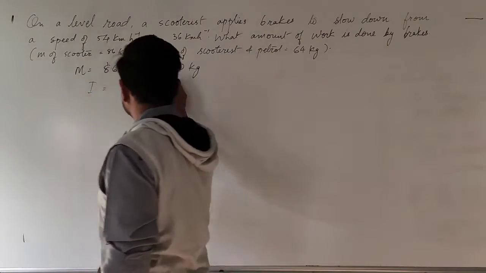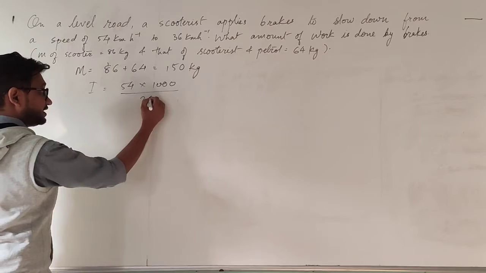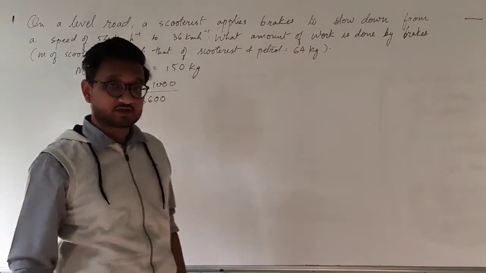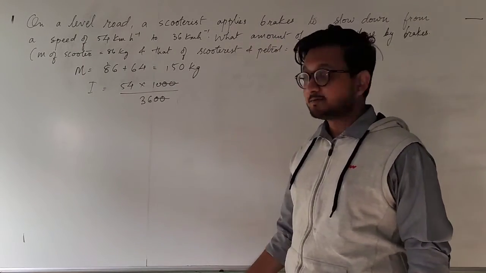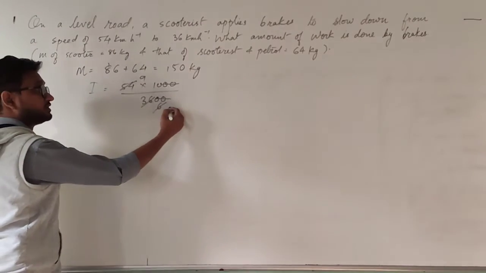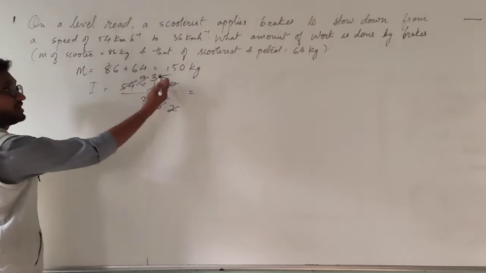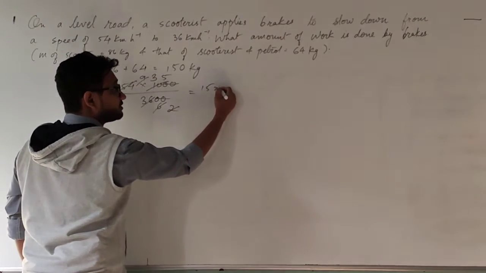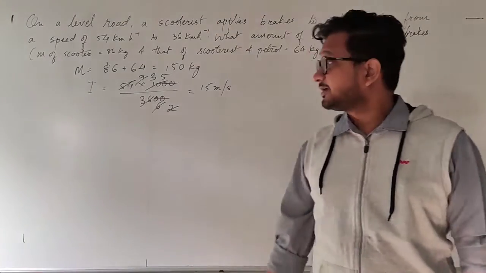Simply multiply kilometers by 1000, so it becomes meters, and the hour is converted into seconds, that is 3600, 60 minutes into 60 seconds. So 2 zeros are getting cancelled. What is remaining is 54 over 36 reduced, giving 15 meters per second. So this is your initial velocity.